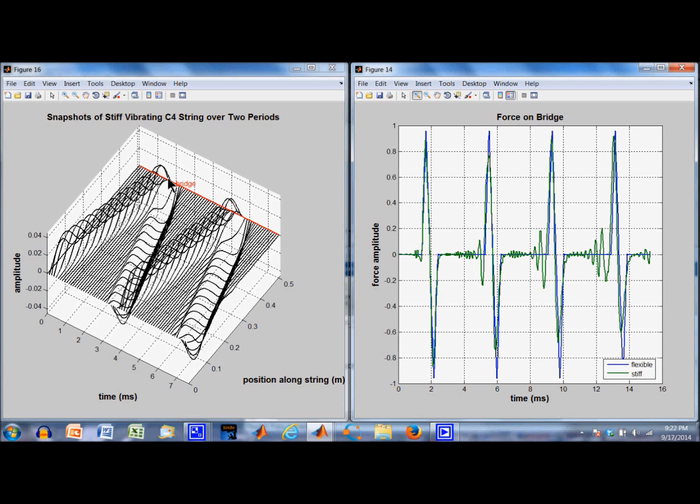The slope is negative, and this spike is generated. Then the string is reflected, and now suddenly we're pulling down on the bridge, which is reflected by this negative peak. Then as the pulse propagates back to the other end of the string, you can see that the slope is relatively flat here, which is represented by this low level of force at this point in time.